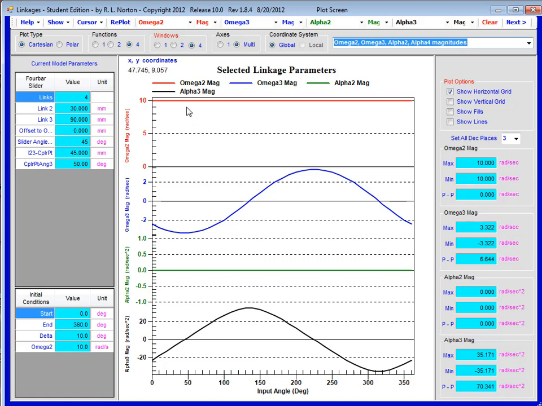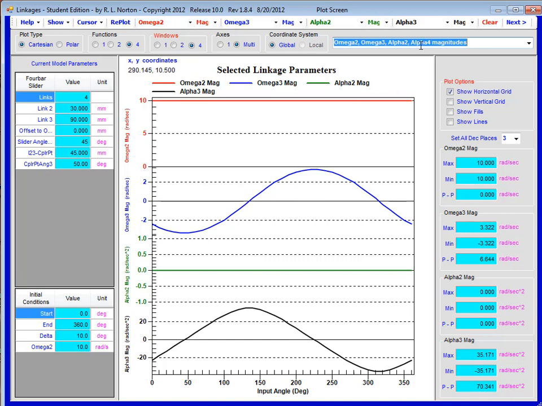In this particular example, we had set the angular velocity of the crank to 10 radians per second. So that stays up there, and of course, alpha of the crank is going to be 0 because it's at a constant velocity. And then the angular rotation of the coupler is shown here. You can see it's oscillating between negative and positive values, which makes sense.